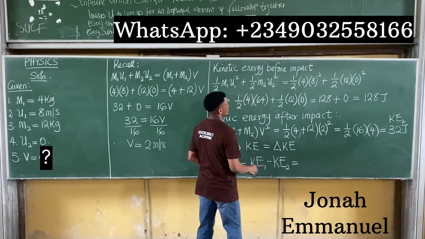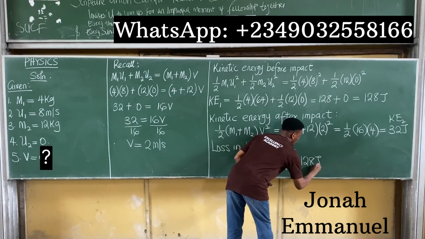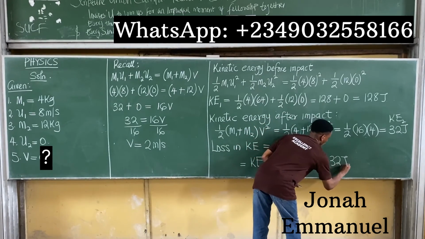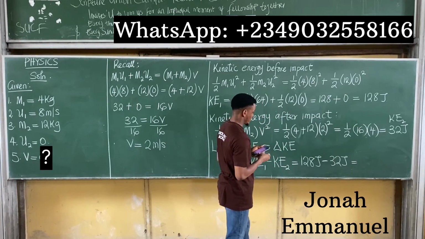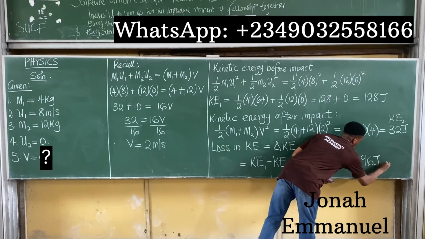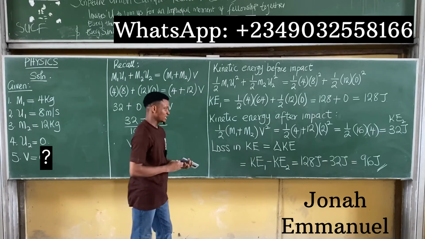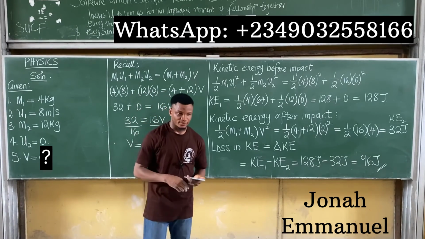Before impact, we have 128 joules minus, after impact, 32 joules. If I do the maths, 128 minus 32 gives me 96 joules. So the loss in kinetic energy is 96 joules.